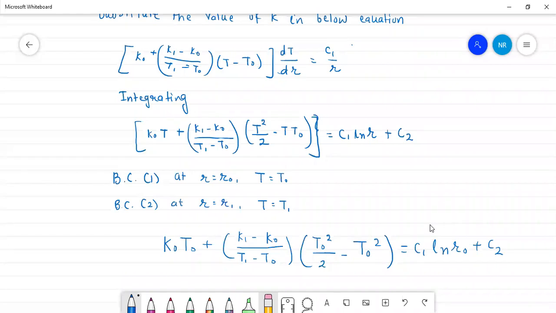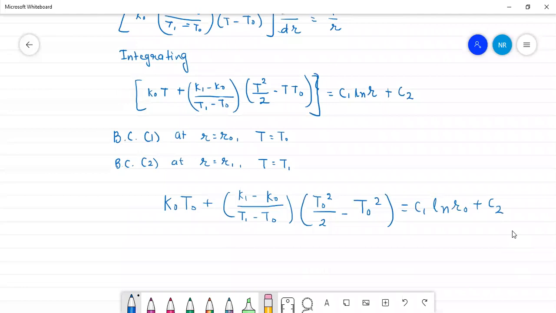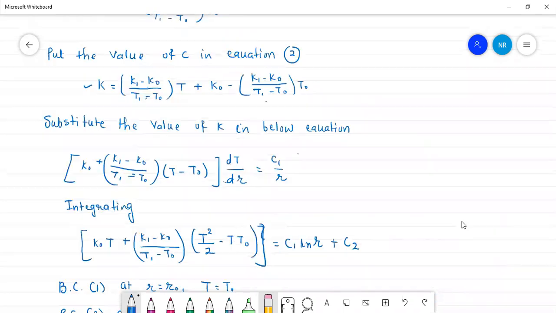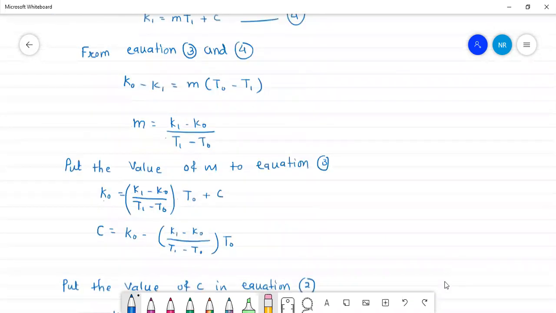Same if you put T is equal to T1 and r is equal to r1: K0 T1 plus (K1 minus K0) divided by (T1 minus T0) multiplied by T1 squared divided by 2 minus T0 T1 is equal to C1 ln r1 plus C2. This is equation number 4.